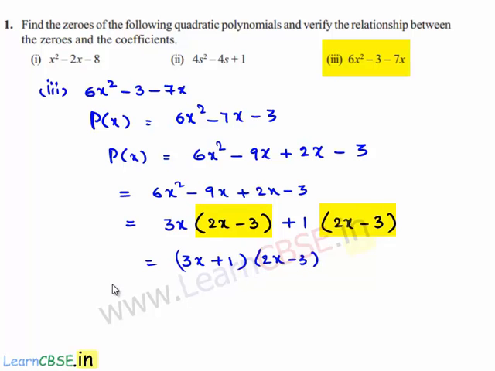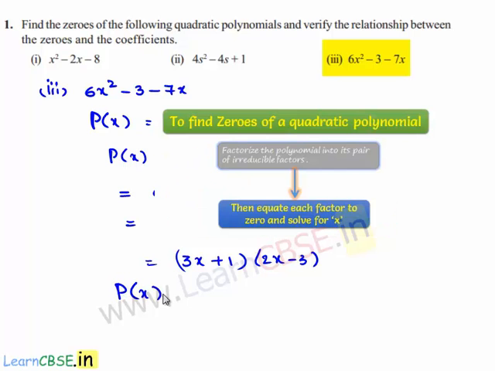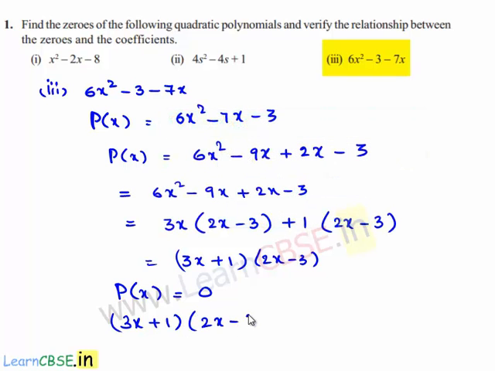In order to find the zeros of the polynomial, we need to equate p of x to 0. We will be getting 3x plus 1 times 2x minus 3 is equal to 0. Therefore 3x plus 1 is 0 and 2x minus 3 is also equal to 0.